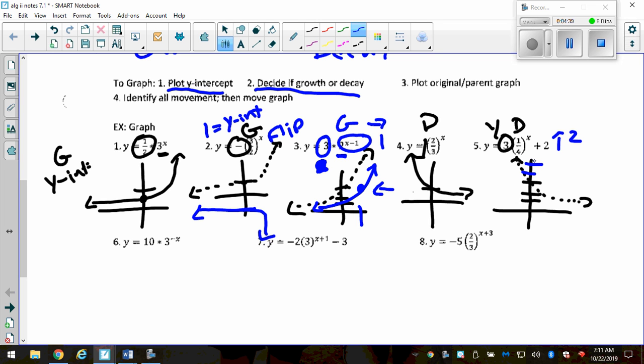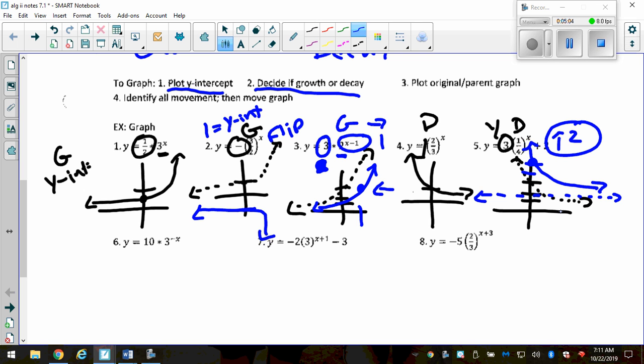I'm going to take the entire graph and go up 2. And what's important is that these graphs never cross the x-axis in standard form. So since I moved it up 2, these graphs will no longer cross the y equals 2 line. So make sure your graph does not go back down to the x-axis. It has to follow whatever this number is right here. That's the new dotted line it's going to follow for us.